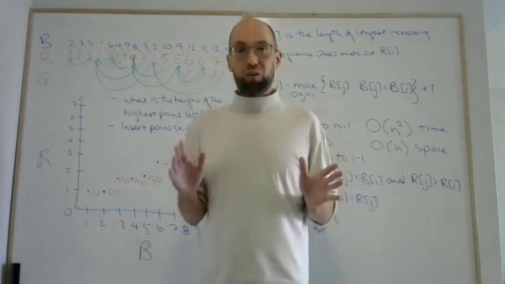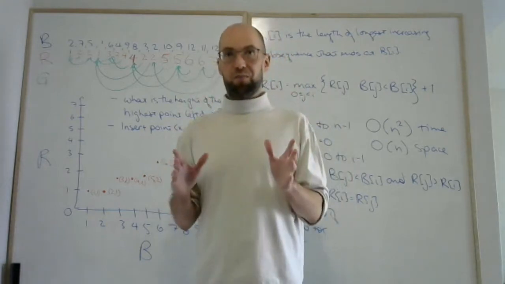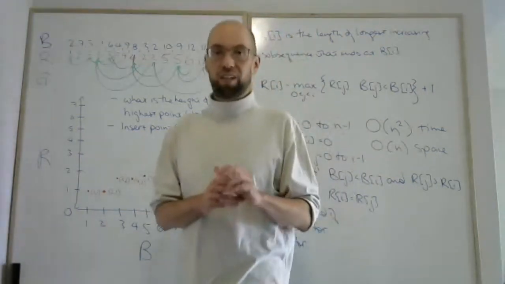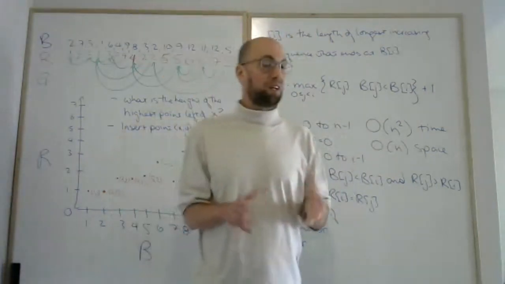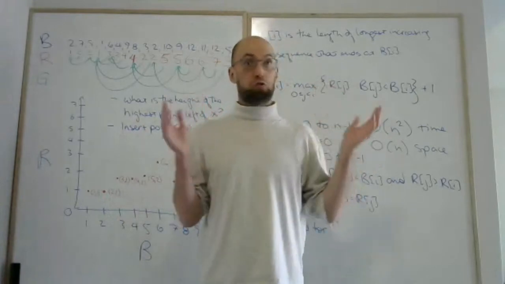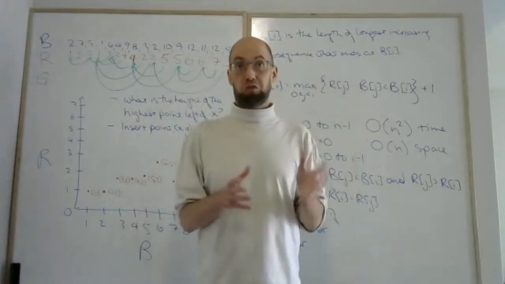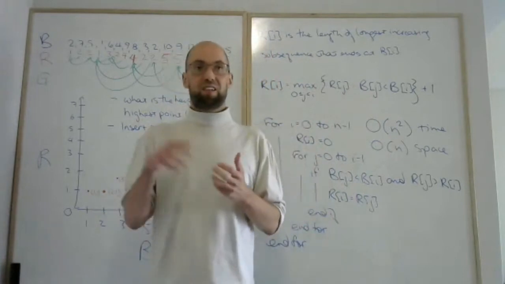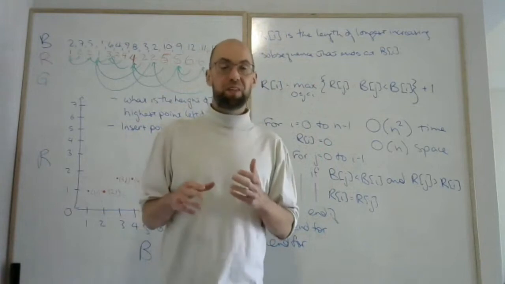I hope you all know binary search trees, forgetting about the self-balancing thing. So first, I'm going to do the explanation in terms of just binary search trees. And then we're going to add the self-balancing bit on top.